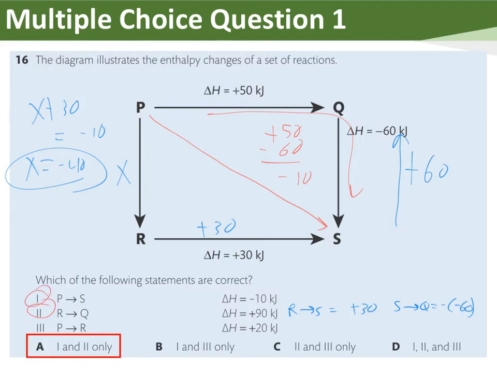So 1 is correct, 2 is correct. P to R, well, we figured out P to R must be negative 40 because negative 40 plus 30 equals negative 10, and they tell us it's plus 20. Wrong answer. Therefore, the correct answer is A. So I hope that explanation was helpful for you. I kind of like this question because it's not specific reactions, but kind of gets us to think about energy cycles.